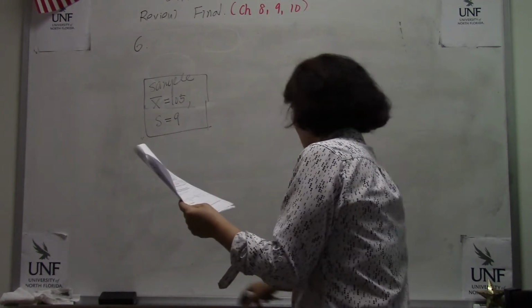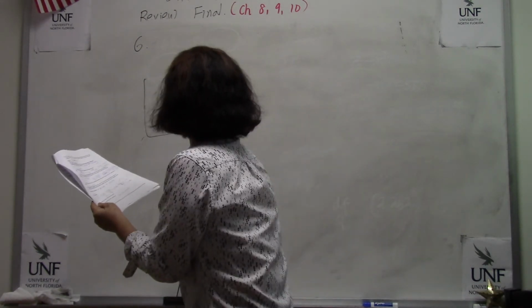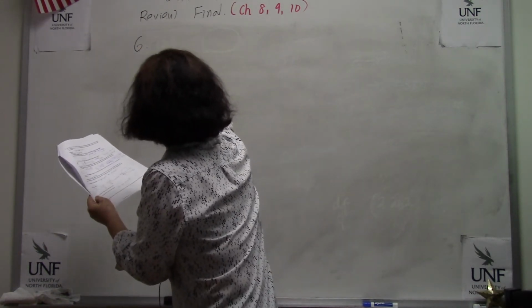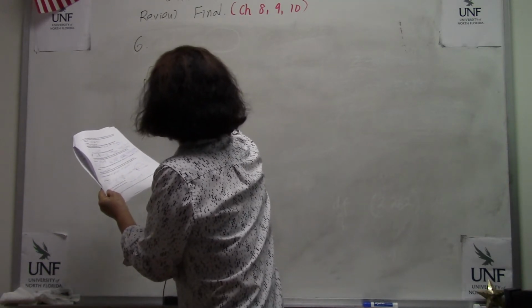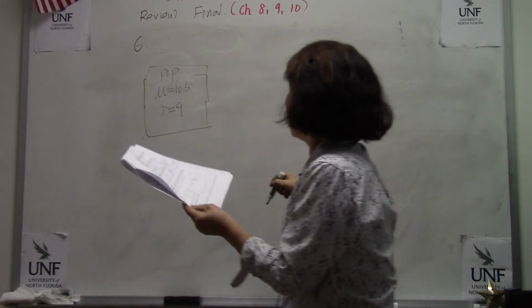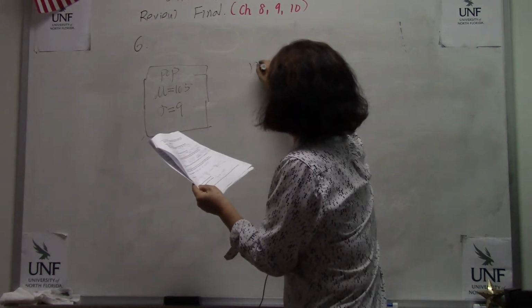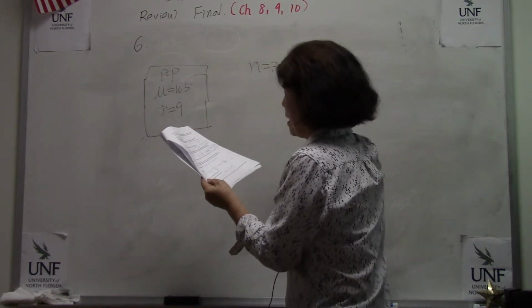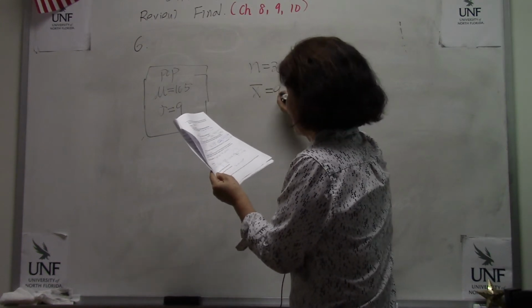Oh, the population, I'm sorry. So for the population, mu is 105 and sigma is 9. From here, a random sample of 30 students is taken, so n equals 30, and the average x bar is 98.